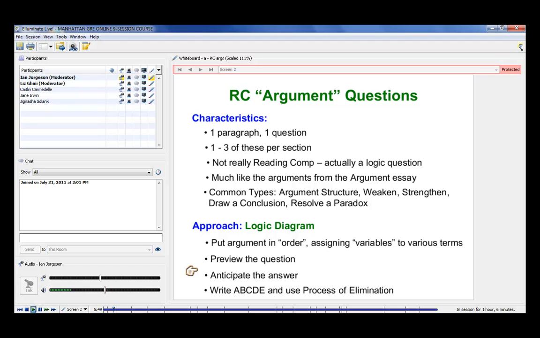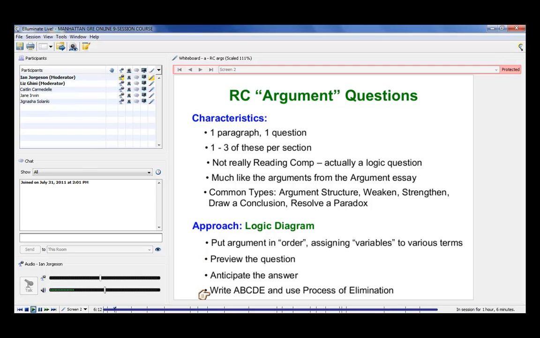That doesn't mean we'll predict word for word what the answer will be. In most cases, we're not even going to come all that close. But we should be able to anticipate what sort of answer would work, given the goal we've been given in the question.